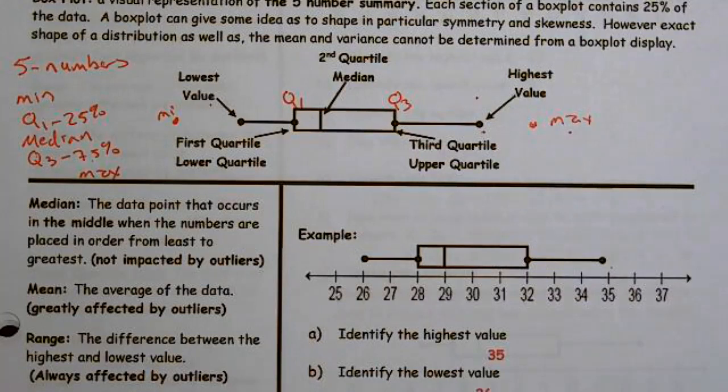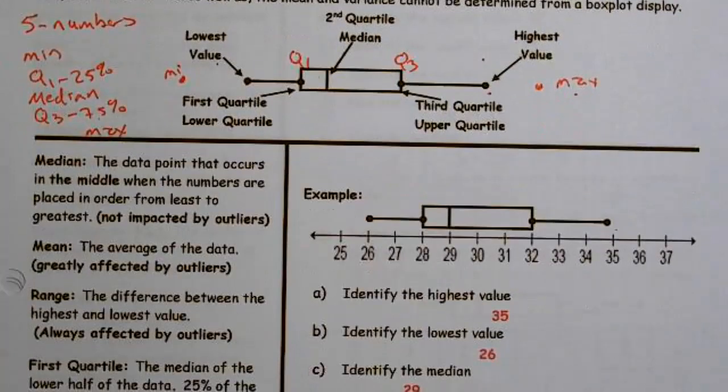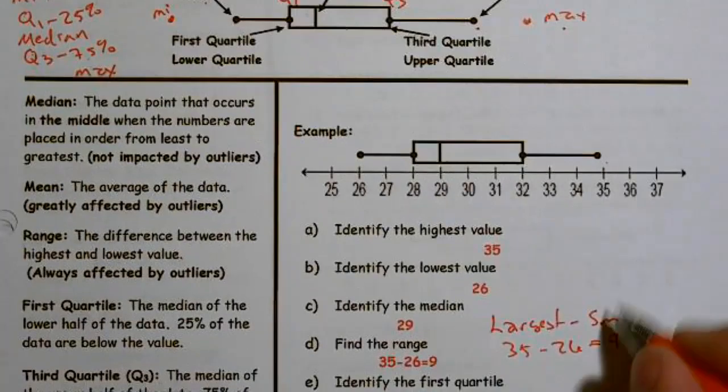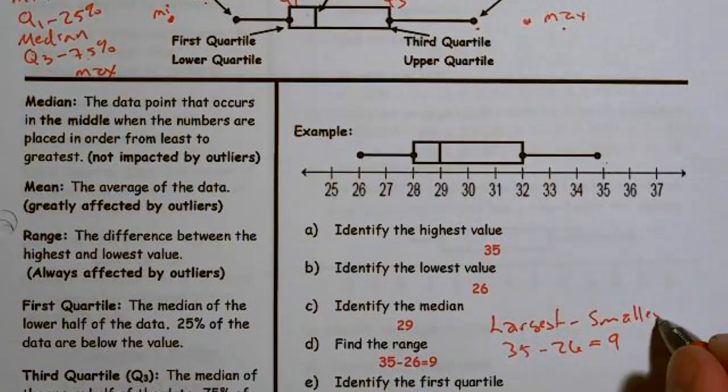Find the range. Remember, the range is always going to be largest minus smallest. So in this case, it's going to be 35 minus 26 equals 9. Largest minus smallest. All right. Identify the first quartile.